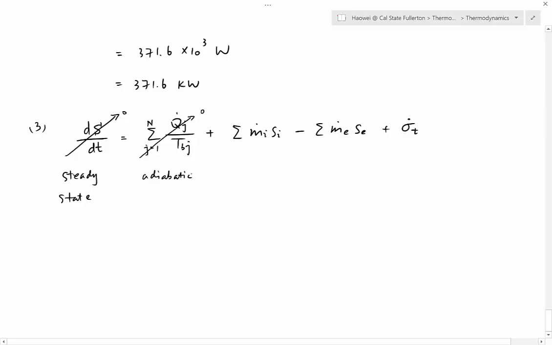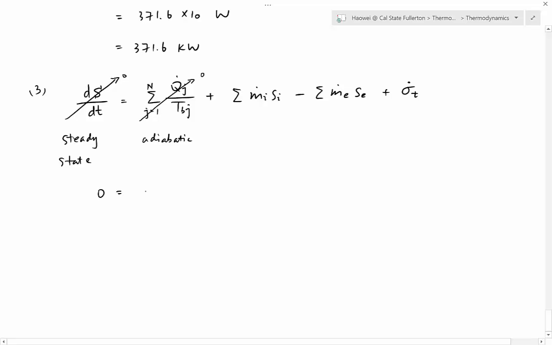Okay, so this equation becomes 0 equal to 0 plus, we only have one inlet, so it's m dot s1, minus only one outlet, so m dot s2, and plus sigma dot turbine. I didn't give m dot a subscript because the system is at steady state, so mass flow rate doesn't change.